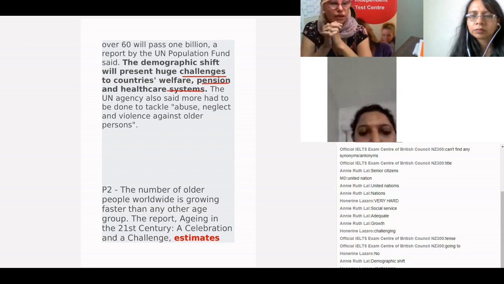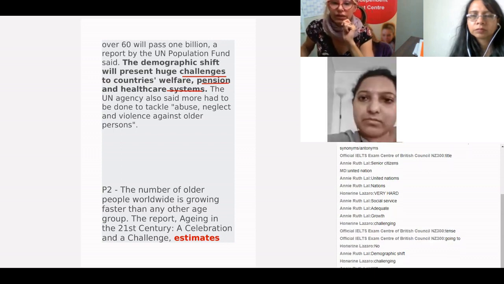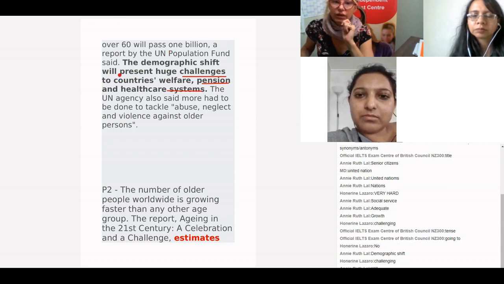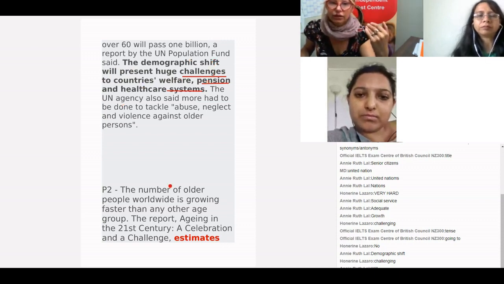Just type it in the box if you think that we've got some mention of the future there. Good. Okay, will present huge challenges. Okay, well done. So our answer is there. We've got will present, and that's the same as in the statement going to. We've got challenges, which is the same as very hard, and then we've got this other information here which matches.